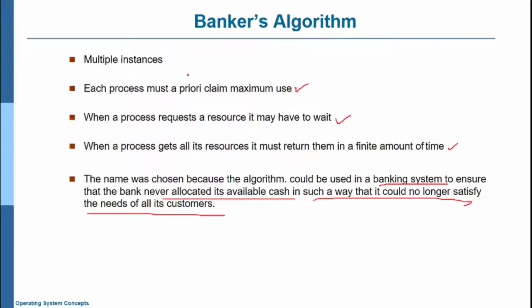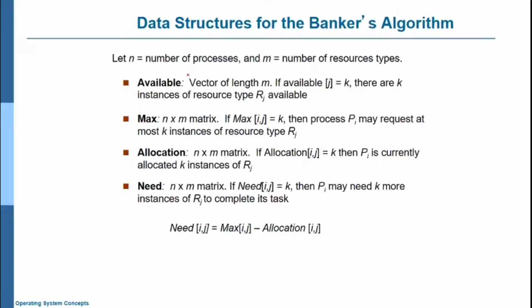One more point to be considered when using this algorithm: the data structures used in the Banker's algorithm are Available, Max, Allocation and Need. Let n be the number of processes and m be the number of resource types. Available: if Available[j] equals k, there are k instances of resource type Rj.